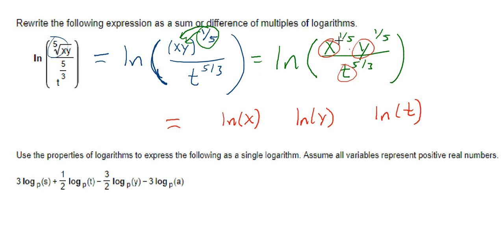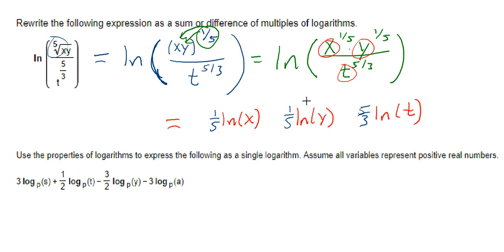So this power of 1/5 is going to end up in front of the logarithm with x. So I'll have a 1/5 power here multiplied down in front of that logarithm. This power of 1/5 goes in front of the logarithm containing y, and this power of 5/3 goes in front of the logarithm containing t. Right, so take these exponents, multiply them in front of their respective logarithms. That's what you ultimately want to end up doing with that.